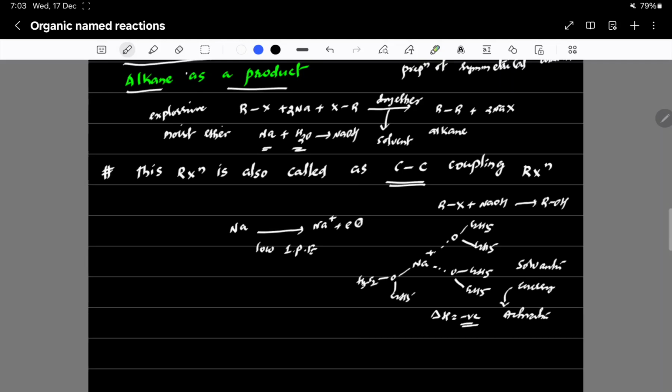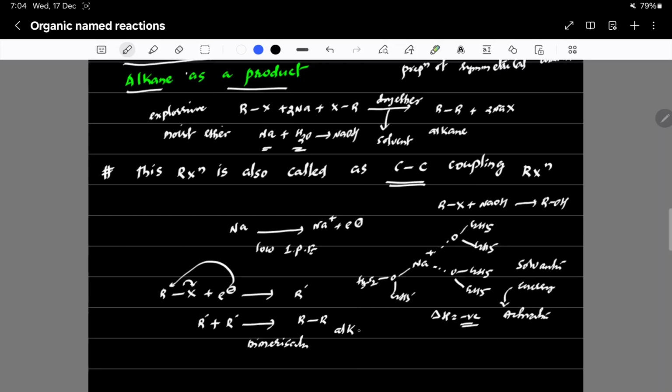Right? Now this electron reacts with alkyl halide, students. It is followed by a free radical reaction. Now this halide will leave and this electron is shifted here, then it will form an R radical. Now this R radical undergoes the dimerization process, then it will give alkane as a product.